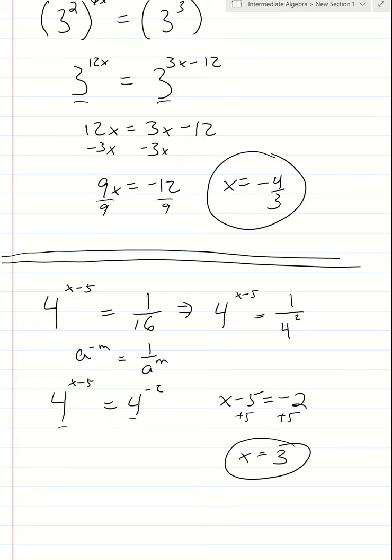You want to be able to manipulate those numbers to create equivalent other numbers. Like we did, 16 is the same thing as 4 squared. 27 is the same thing as 3 cubed. All depending upon what the base number is, that will determine what exponent you're going to have to raise it to. Okay? That completes section 11.2.